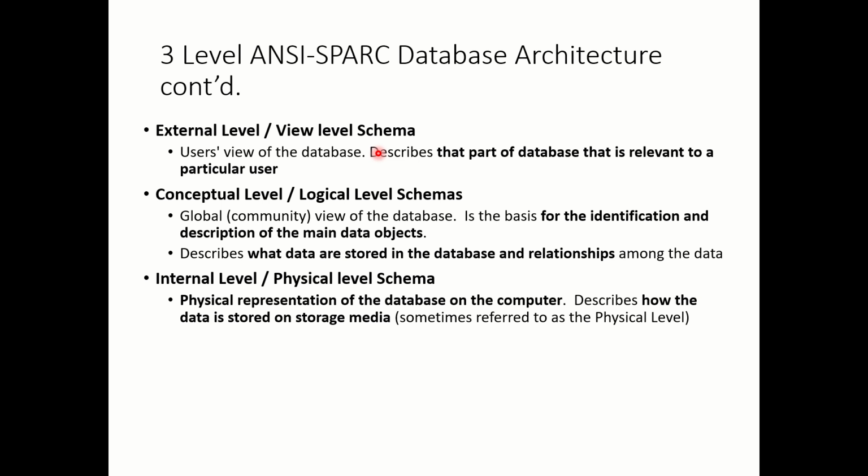The view or presentation they get will be according to their constraints and restrictions. That is the view level schema, or the presentation level: how we see the UI, and what we can view from the database.